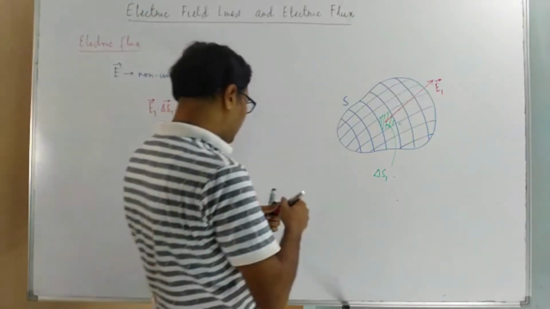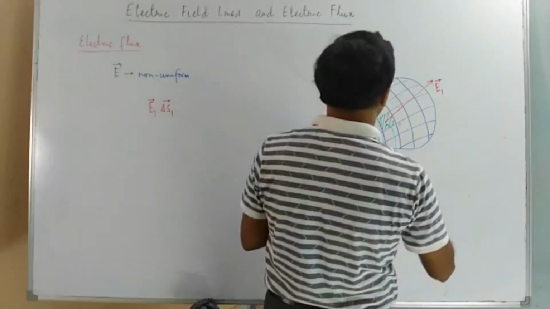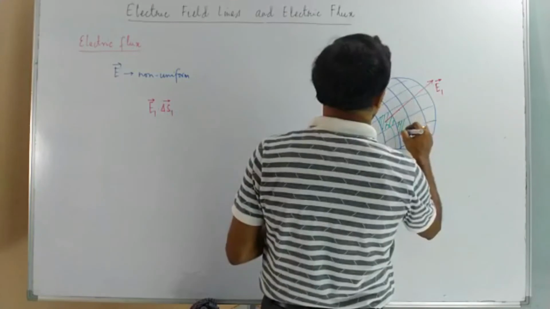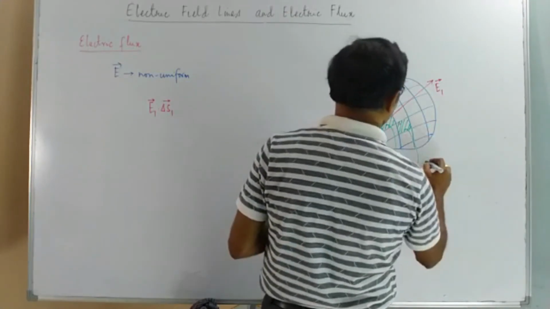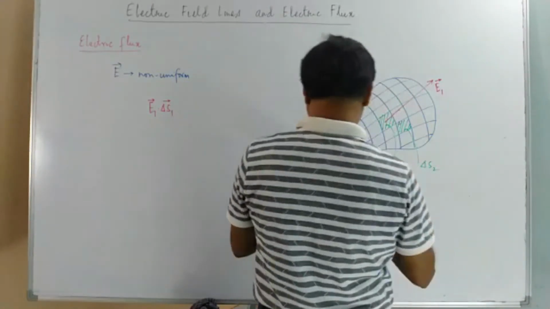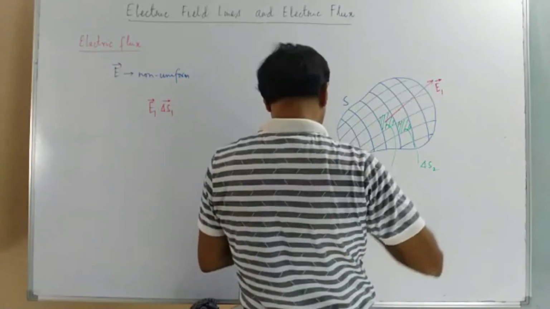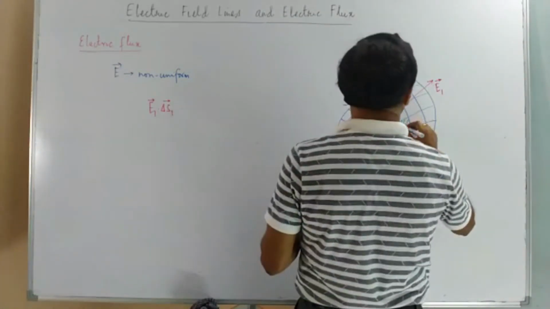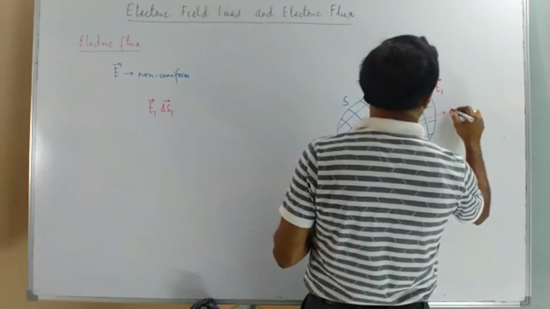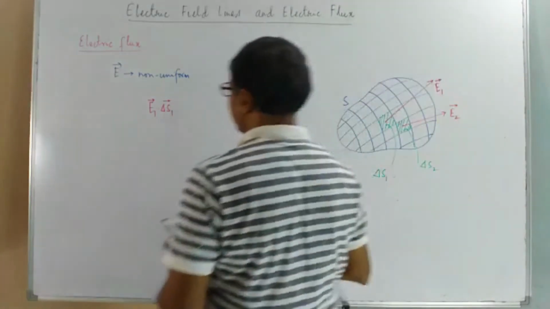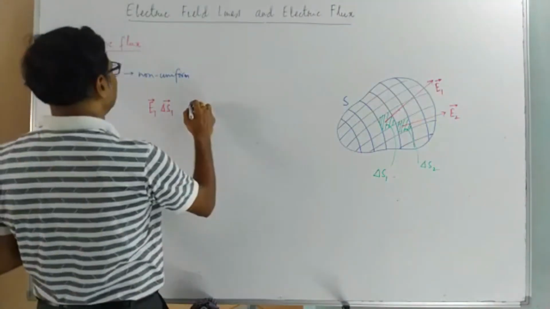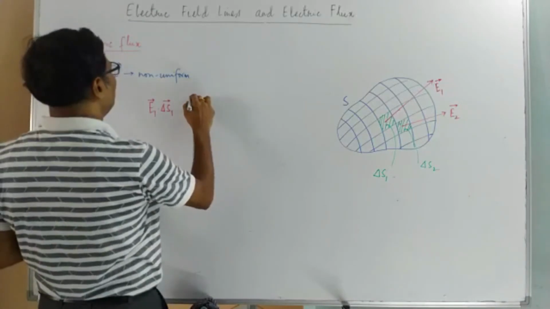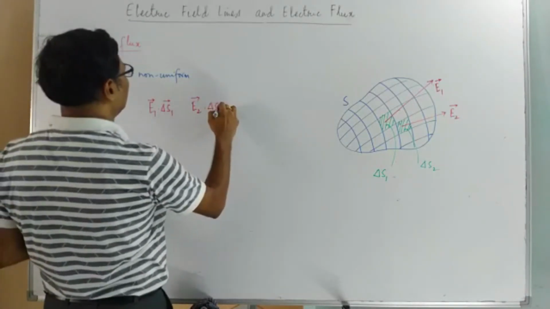If we consider another surface element, it will be represented by delta S2, and if the electric field acting on this element is E2, then I should have E2 dot delta S2.